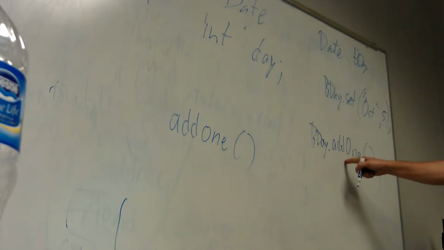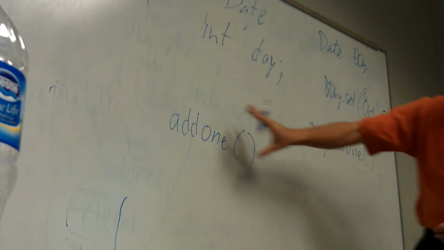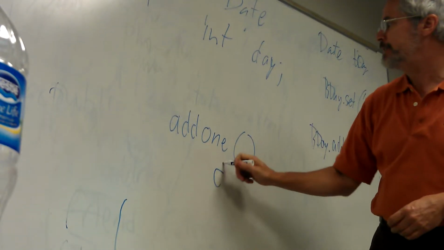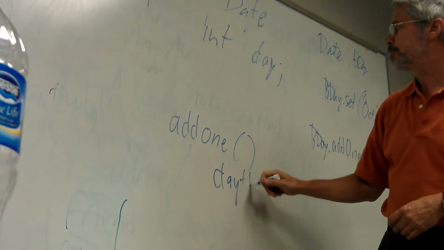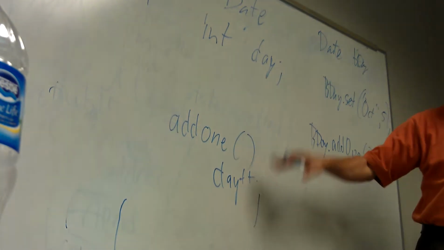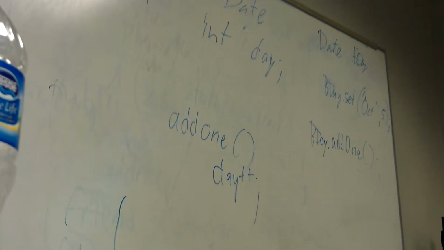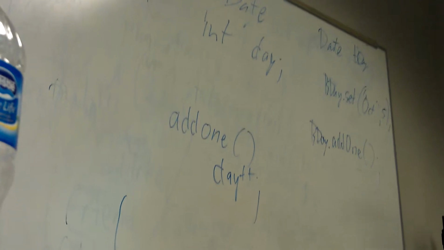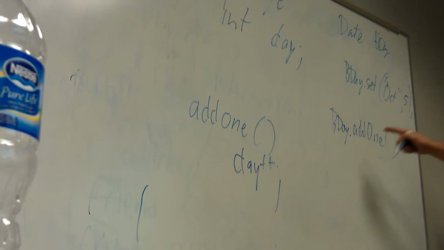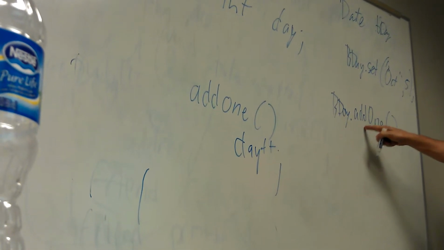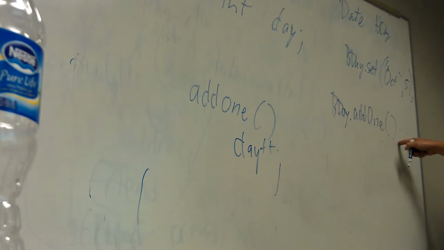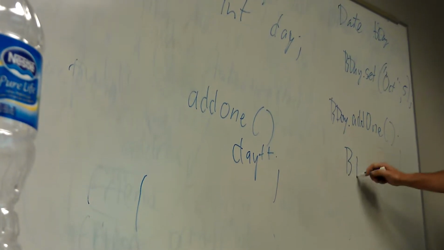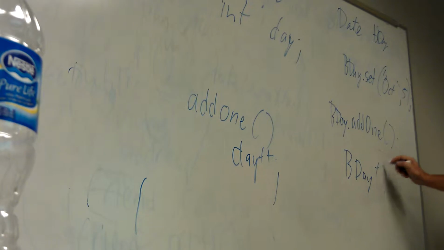So I add 1 to it. This function will do something like day plus plus, and then that day will pop up by 1. Very simple function. But I am thinking, why should I have to say bday.add1 and call it like this? Why can't I just say bday plus plus like that?